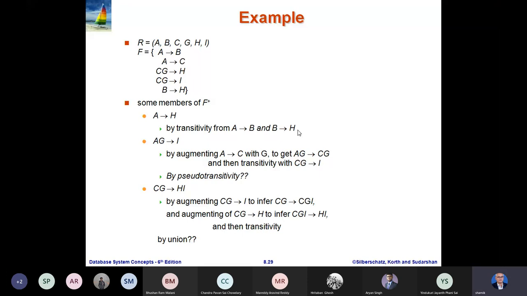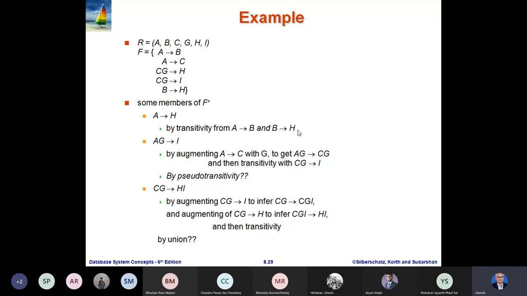And the ones for which the right hand side is the entire schema R, and the columns on the left are of course super keys, if they do not have any proper subset which is also a super key, then you know that those are all candidate keys. So you can end up having, say, 3 candidate keys for the schema R under this set of functional dependencies F. Of course, remember that from F we have to get F plus and derive these.